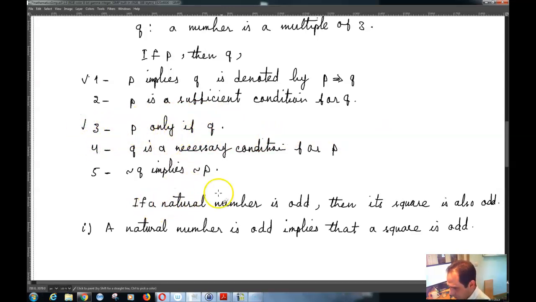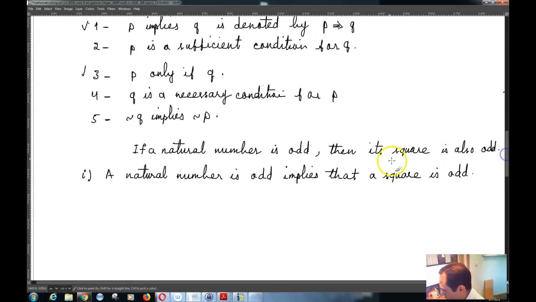I can say that a natural number is odd only if its square is odd, which is something that, at least I'm not very used to thinking that way about if-then statements, but that's actually the case.